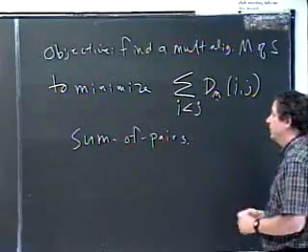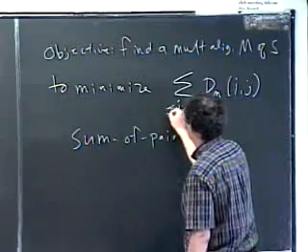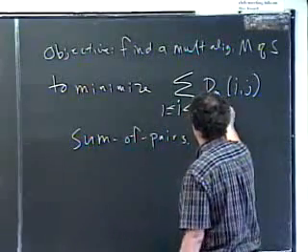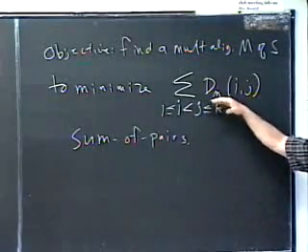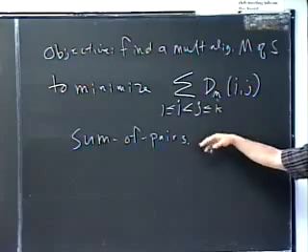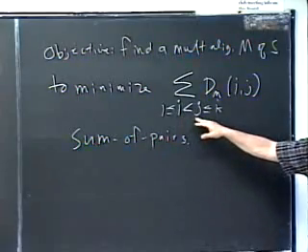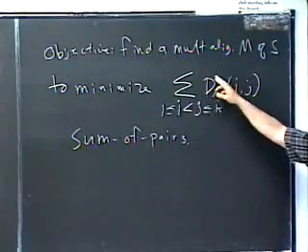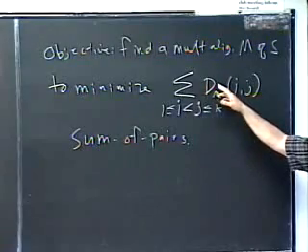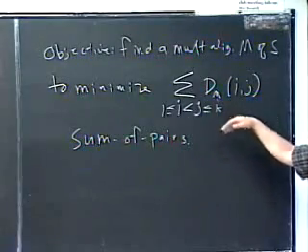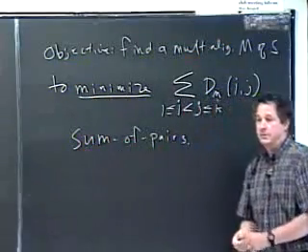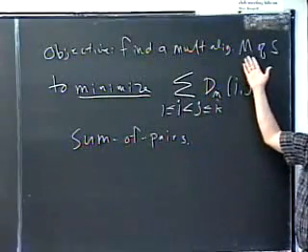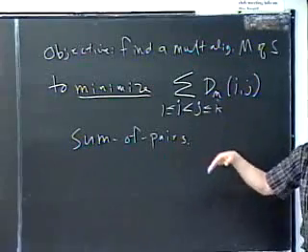I could make this i less than or equal to j, less than or equal to k to be absolutely explicit. But okay, so for every pair ij, you're getting the dm value, and you're summing that up. And we're trying to make that small. We're trying to find a multiple alignment that makes that as small as possible.